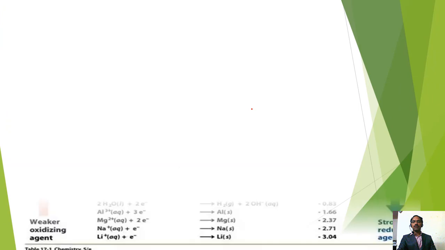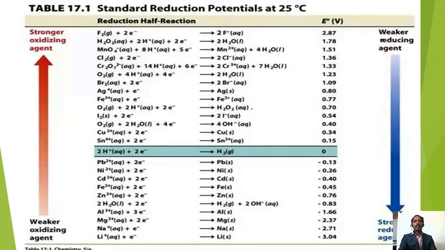See here, for many metals and non-metals and ions, electrode potential values are given. See here, the fluorine value. Fluorine taking 2 electrons and forming F minus. This tendency is 2.87 times.